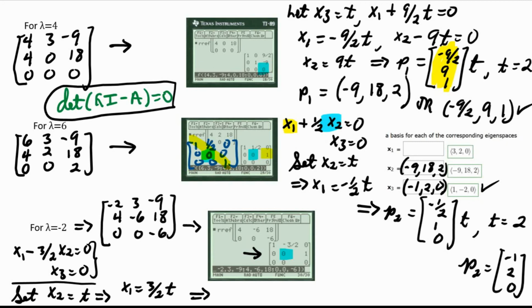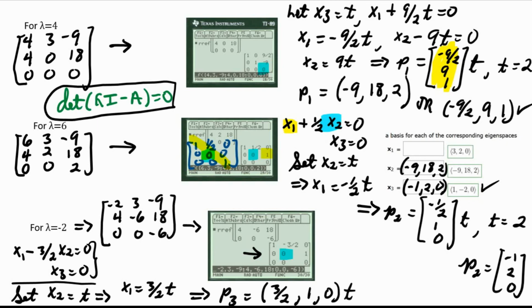So this implies then that p sub 3 is equal to, and I got to write it in this way because I got this image from the calculator there. So x sub 1 is 3 over 2 times t. X sub 2 is 1 times t, and then x sub 3 is 0 times t.